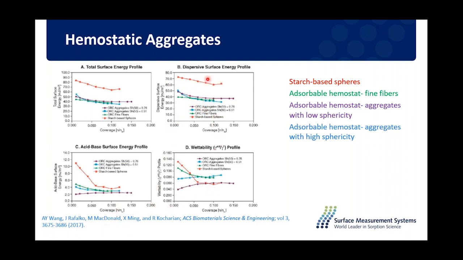But the starch-based material had a very high dispersive surface energy and a very high acid-base surface energy, which increased the wettability. So it is more hydrophilic. It wanted to stick to the hydrophilic, but not the hydrophobic blood. The lipids in the blood are more hydrophobic.